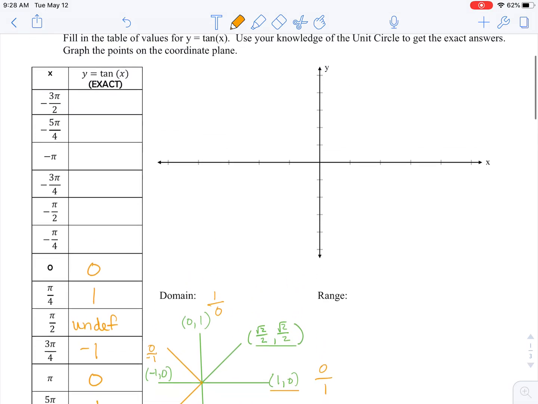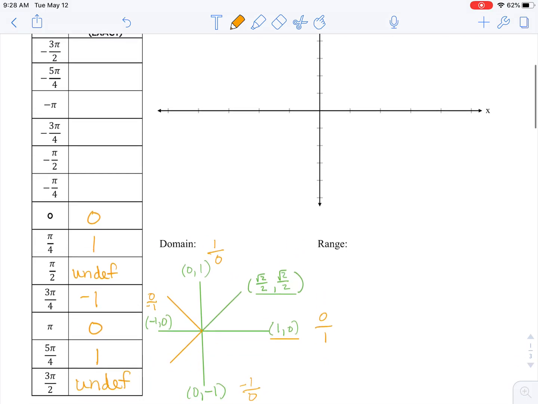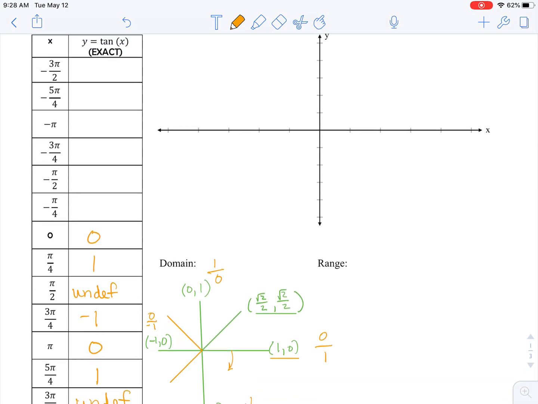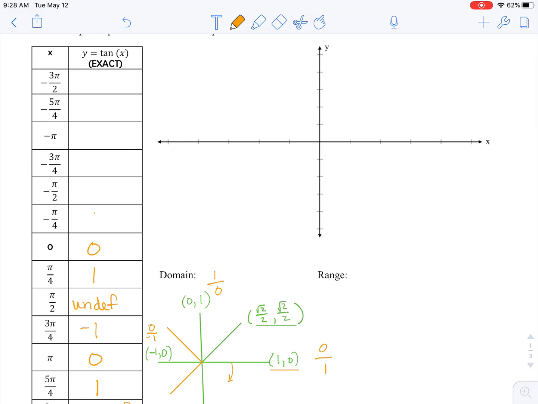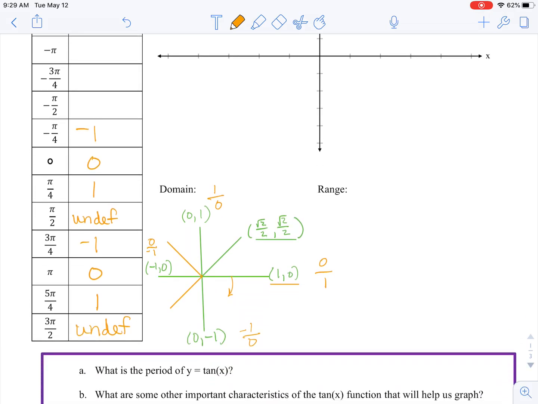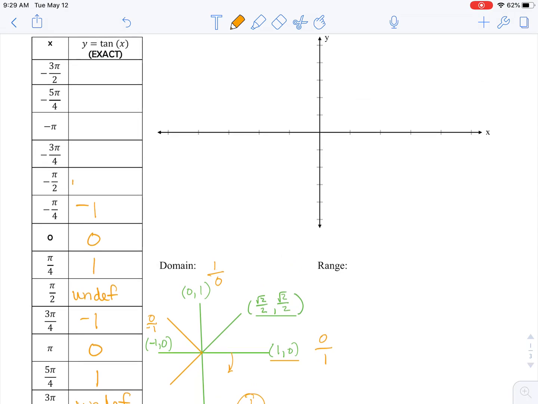We can go backwards and do some of these negative angles. Negative pi over 4, that would have been going back into the fourth quadrant, 45 degrees. So the ratio would have been a 1, but because you're in the fourth quadrant, it would have needed to be negative 1. Negative pi over 2 is the same as the 270 mark, so that was undefined.